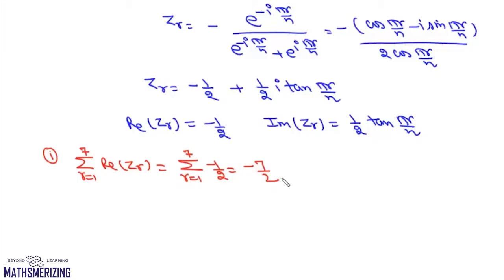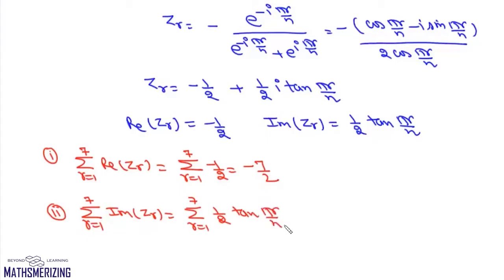And the second part, we need to find this summation r varies from 1 to 7 of the imaginary part of zr, which will be the summation r varies from 1 to 7 of 1 by 2 tan pi r by n.